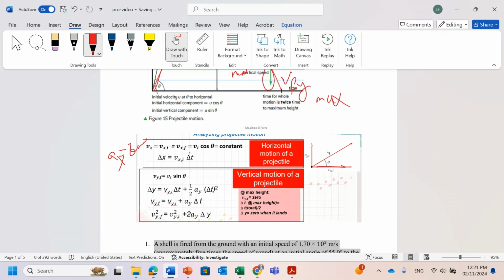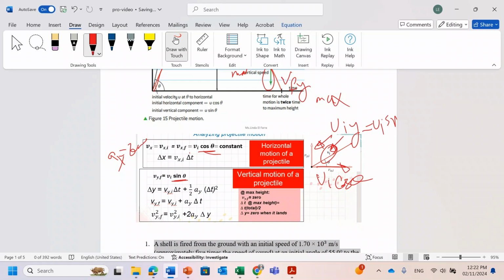In x direction, this side is adjacent to the angle, and adjacent, as we learned before in the class, is always cosine. So this will be VI cosine the angle in x direction. In y direction it will be sine. V initial in y direction will be VI sine the angle.